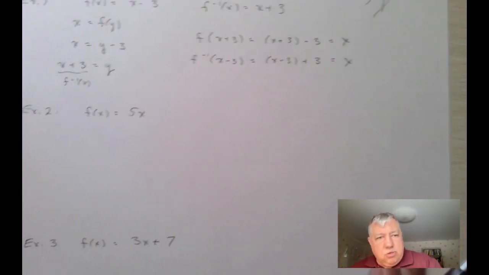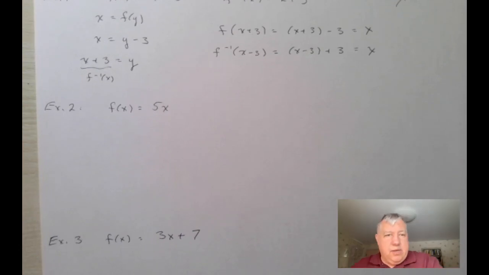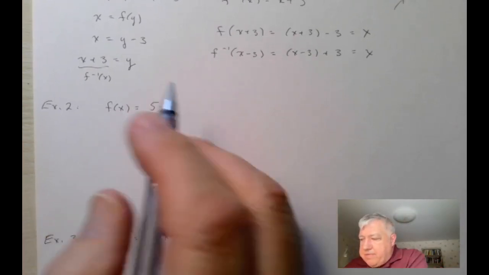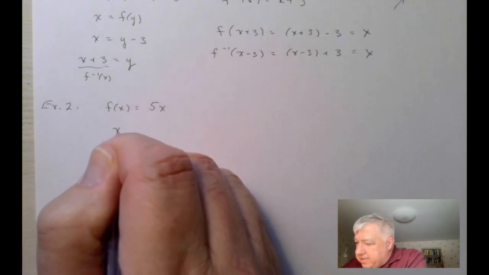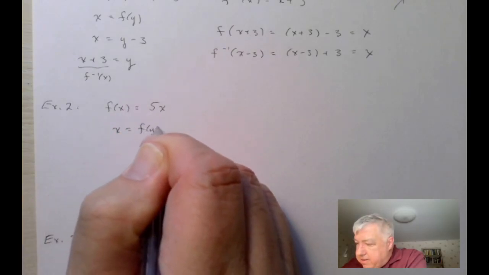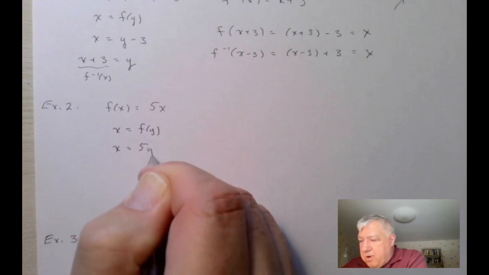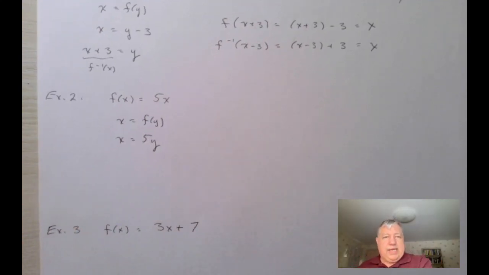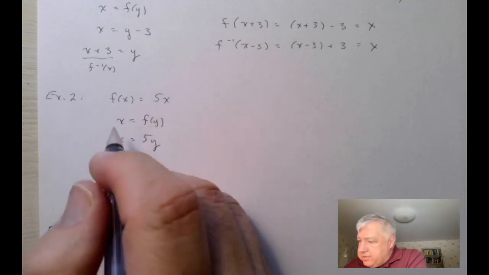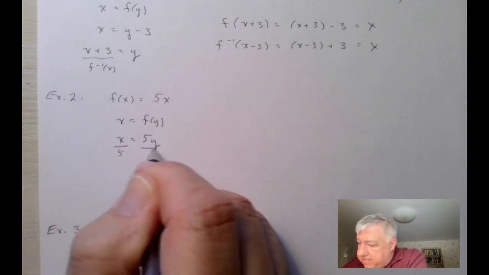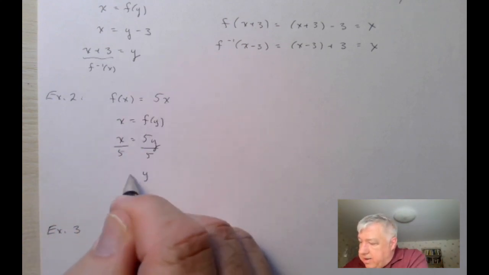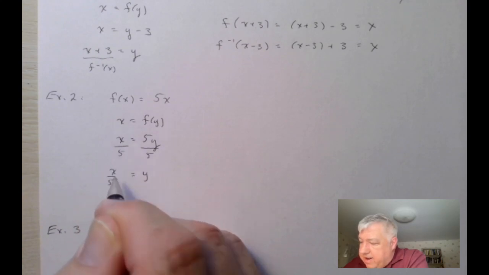Okay, let's look at this case. f of x is 5x. Well, let's find what the inverse is. We write x equals f of y, and that means x equals 5 times y, and we want to isolate the y, so we divide both sides by 5, and we get y equals x divided by 5.